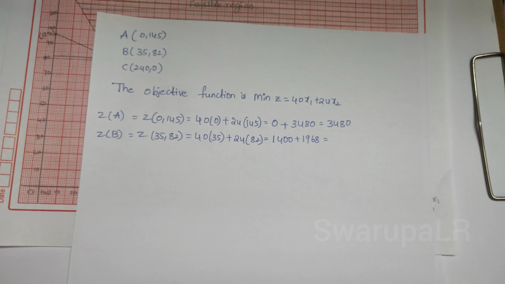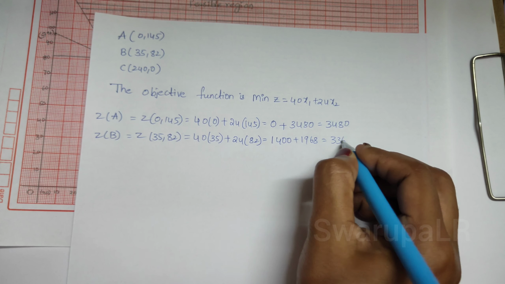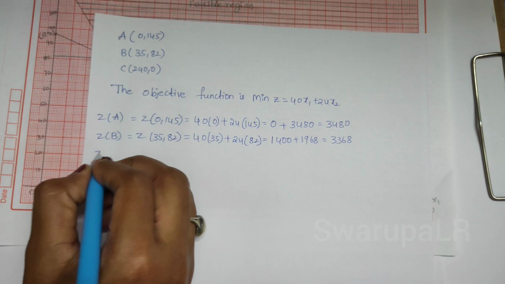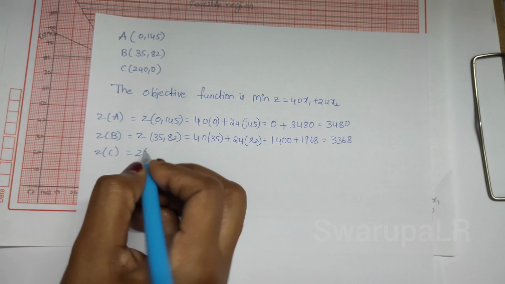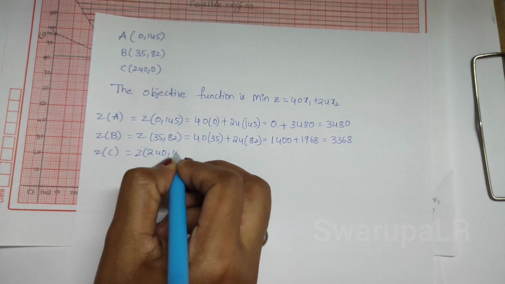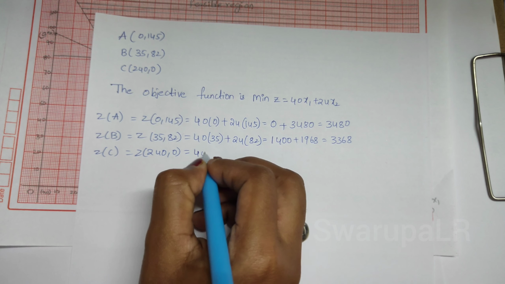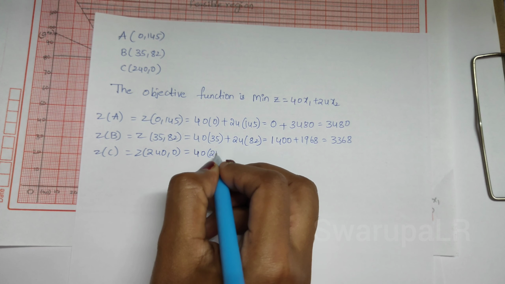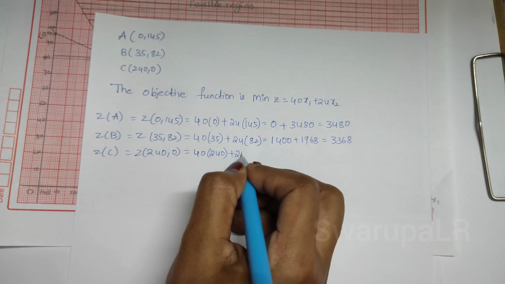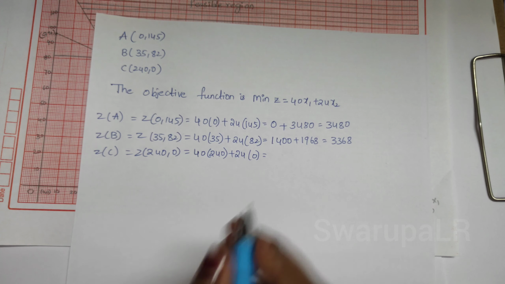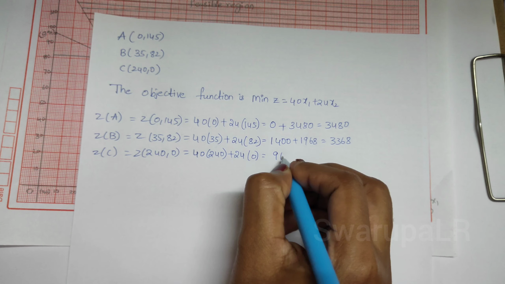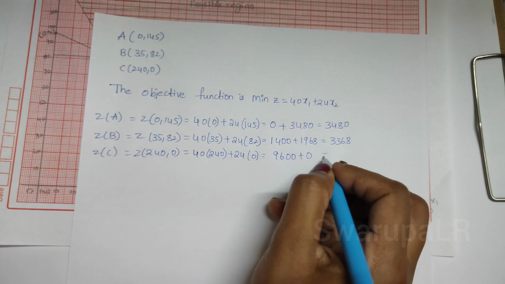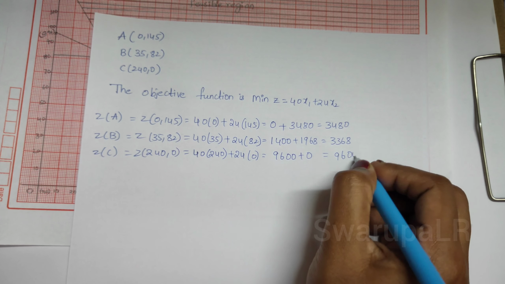Therefore 3368. Z of C equals z of 240, 0 is equal to 40 into 240 plus 24 into 0. 40 into 240, 9600 plus 0 is equal to 9600.